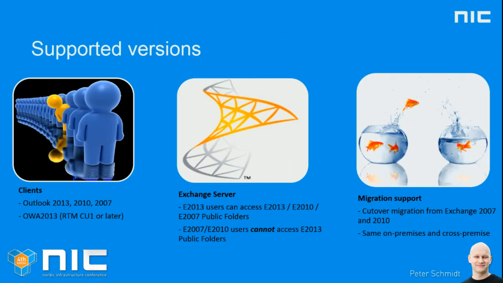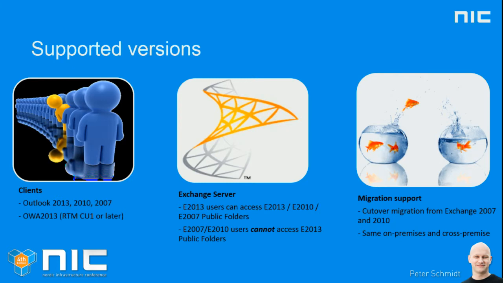A brief look at the supported versions which can access our modern public folders. If we start off with the clients, clients back to Outlook 2007 can access modern public folders. But on the web-based client, you need the OWA client from Exchange 2013. So in that case, the user mailboxes have to have been moved to an Exchange 2013 platform.